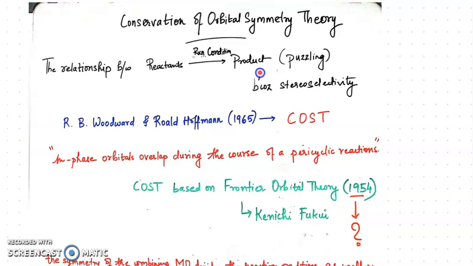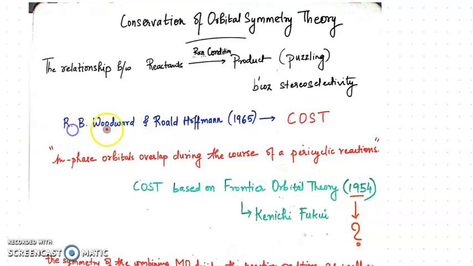Scientists always tried to understand how it was so specific in its reaction, but using the theory that was known then, they were not able to explain why there was stereoselectivity involved in these reactions.